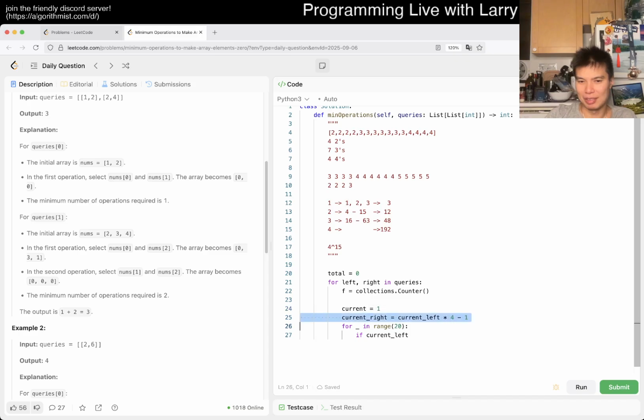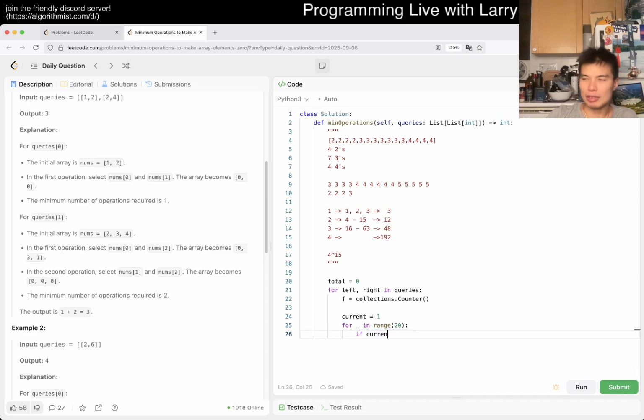Maybe that's fine, right? So then now, if current is greater than or equal to left, then let's just say count is equal to 0. Actually, we'll keep this as... no, this is very awkward.